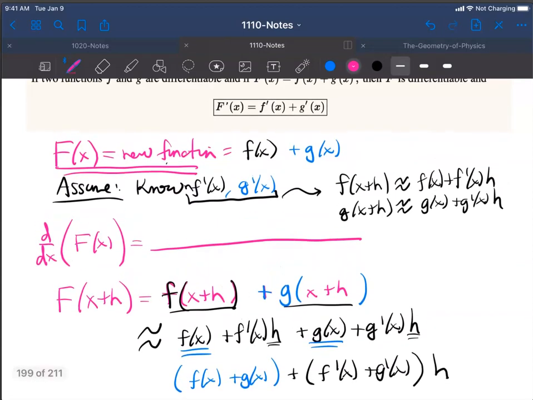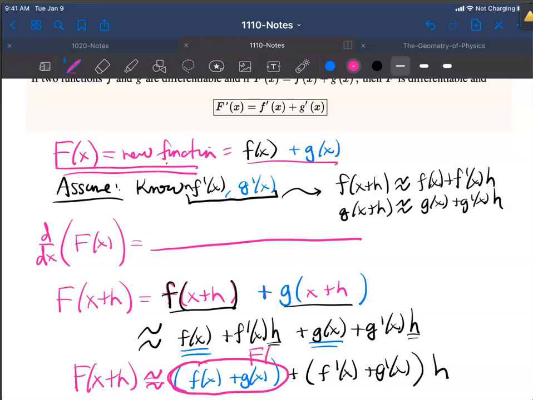So this tells me that this new function evaluated at x plus h is approximately equal to this thing, which we recognize, f plus g, is the function big F itself. And that makes this quantity in front of the h, this quantity in the box, the derivative of that new function.